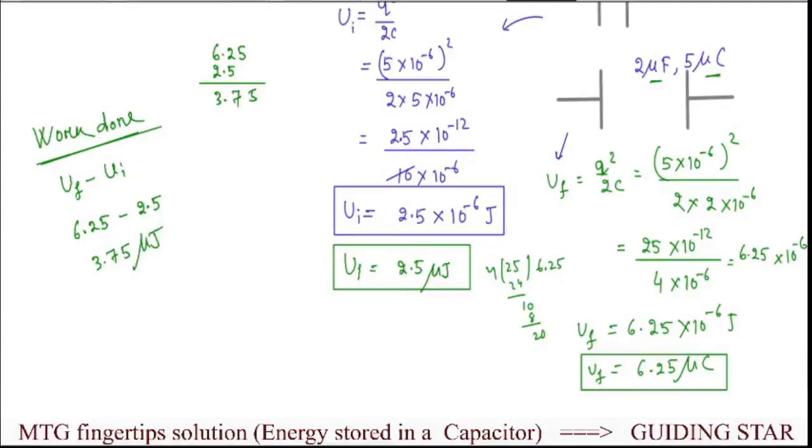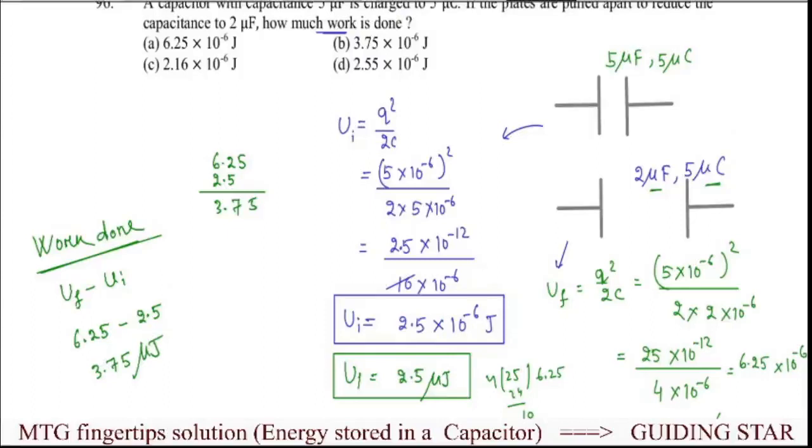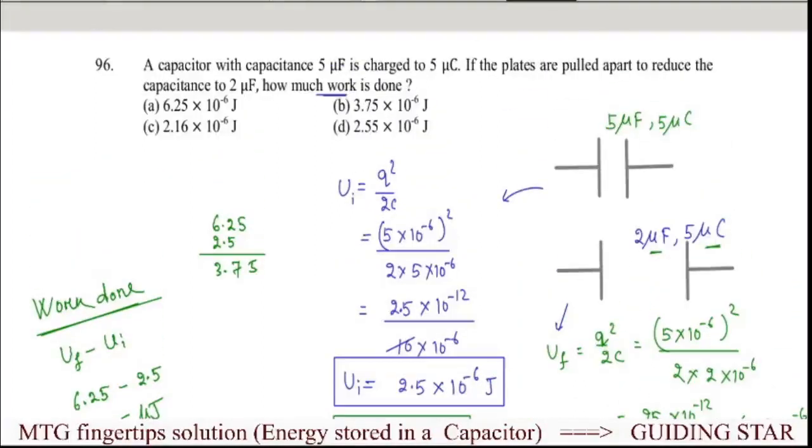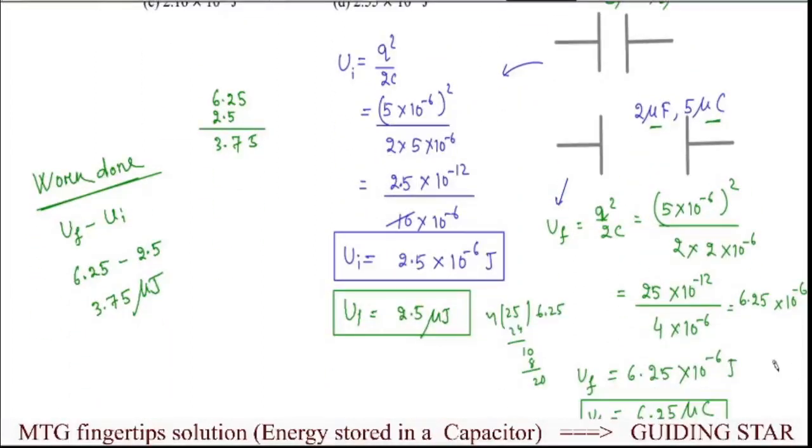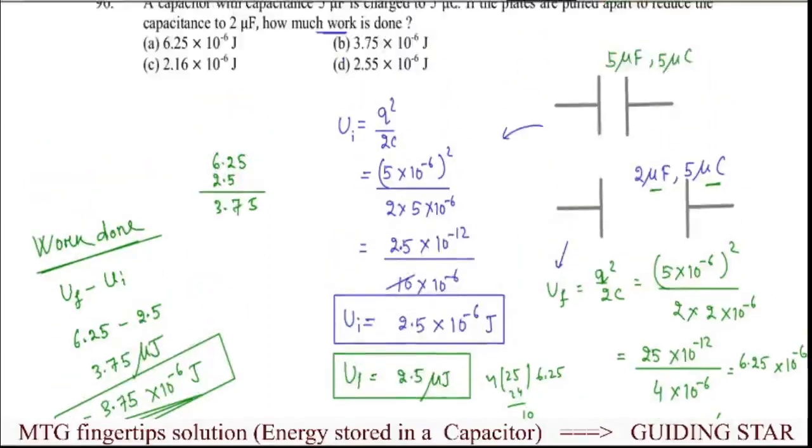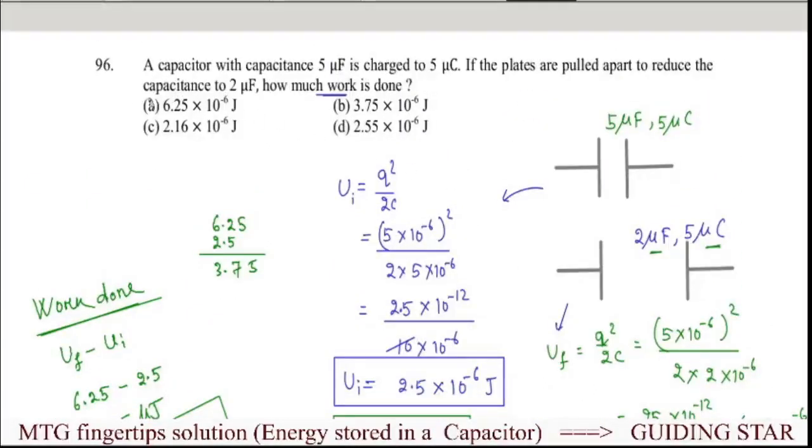So this will be the work done: 3.75 microjoule, or 3.75 into 10 to the minus 6 joule of work will be done. We can check the options. 3.75 into 10 to the minus 6 is option B, correct, the others are wrong. So option B will be the correct one.